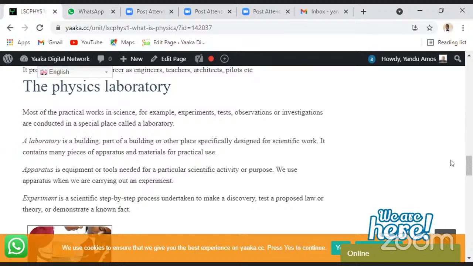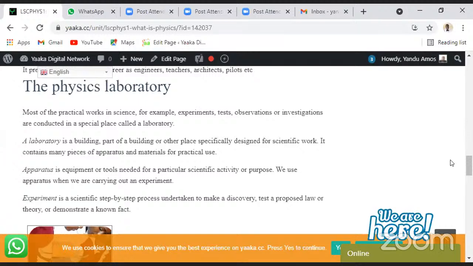It can be a small place or a big one, and it is purposely made for what? Scientific work. Now the equipment or the tools that we use to carry out the scientific work in the laboratory.